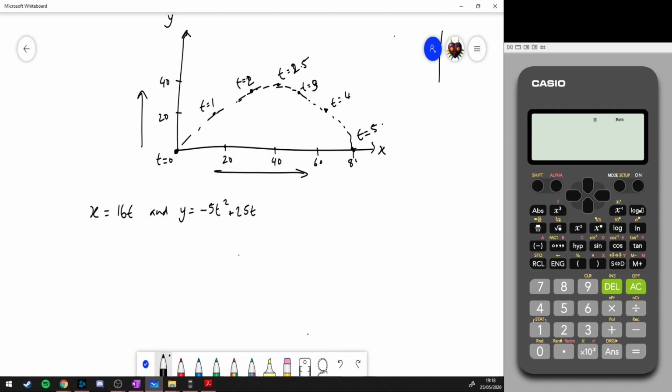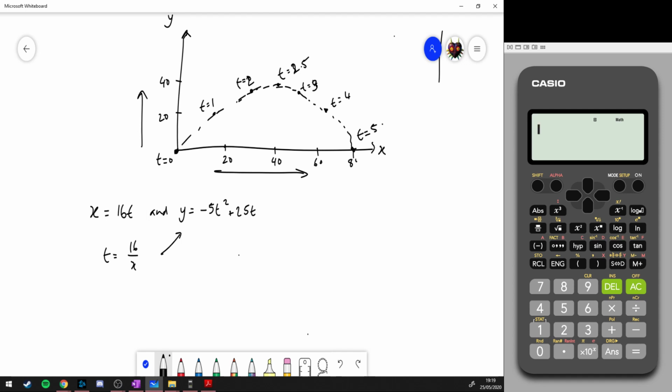So what we can do is rearrange t in the left equation, x is equal to 16t, and that becomes t is equal to x on 16. Then we substitute that into this equation over here, and we'll come up with an equation that tells us what this parabolic arc is, the Cartesian form, relating x and y directly.